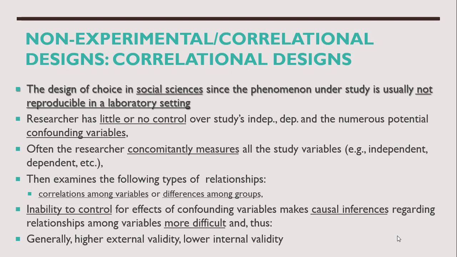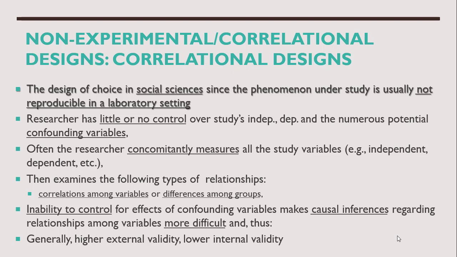So remember, we can say relationship, but it is difficult for us to draw causal inferences when you are looking at correlational design. But in a true experiment, in experimental design, it is possible for us to draw conclusions about what causes this. But when we are doing correlational design, that is much more difficult.